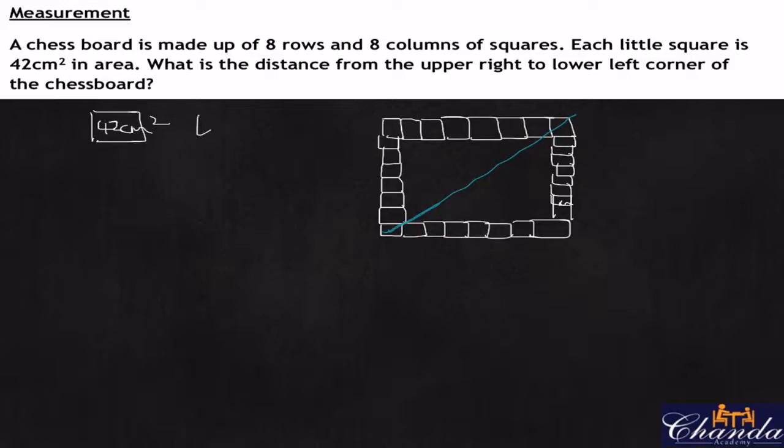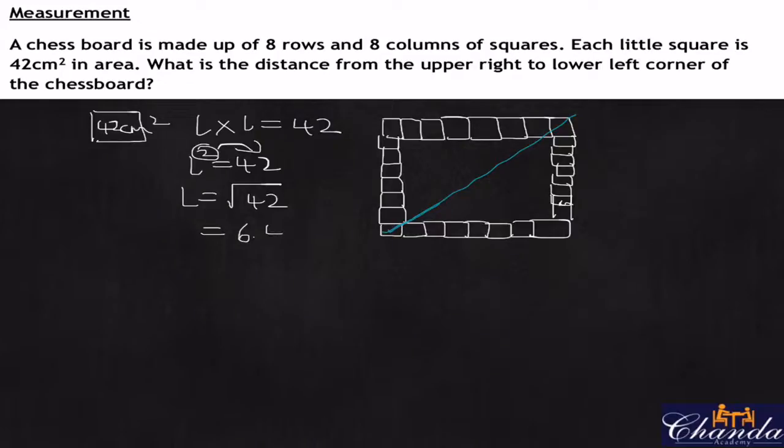So L squared is equal to 42. So taking the square to the other side, we have the square root. So L is equal to the square root of 42, which gives me a value of 6.48 centimeters.